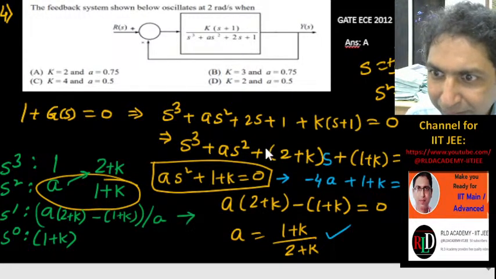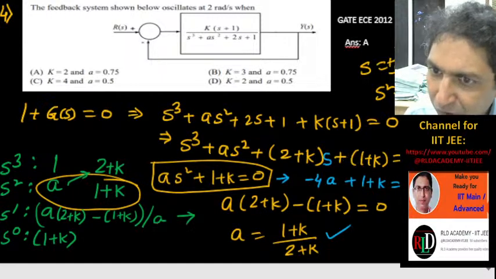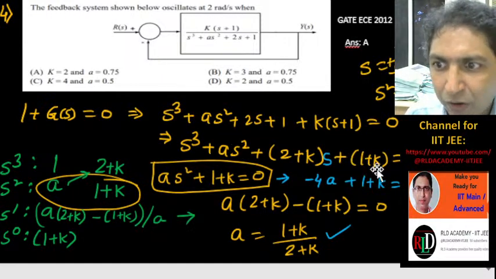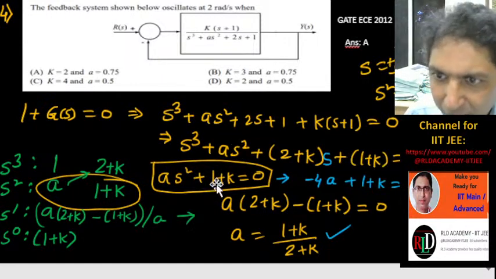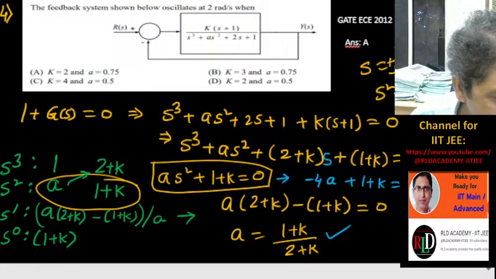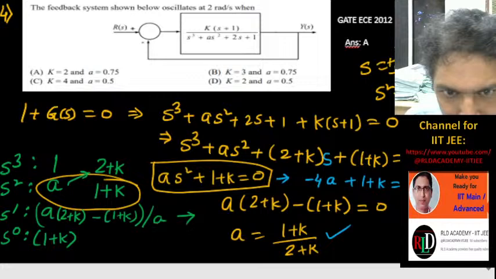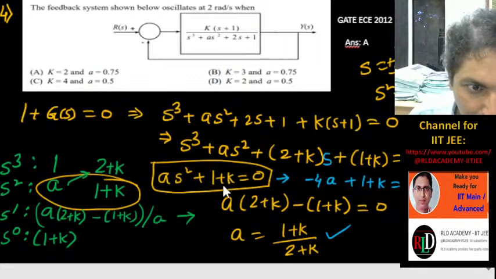Then we will equate the real term equals to 0 and the imaginary term also equals to 0. Eventually you will get the same result. Okay, that also you can do. Any doubt, please let me know. Otherwise, we'll go to the next problem.